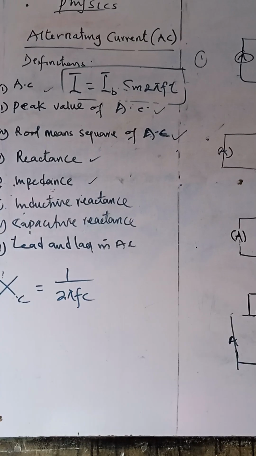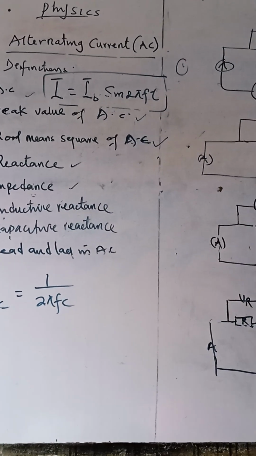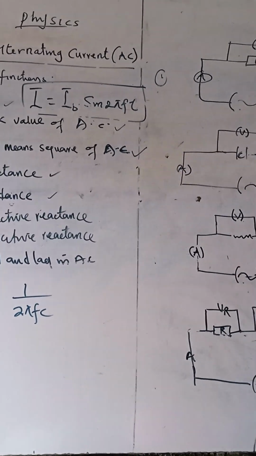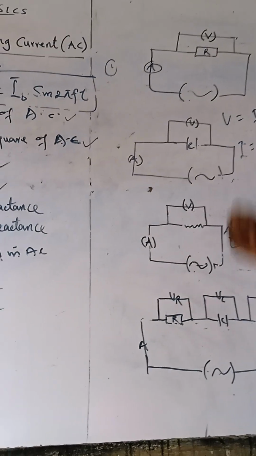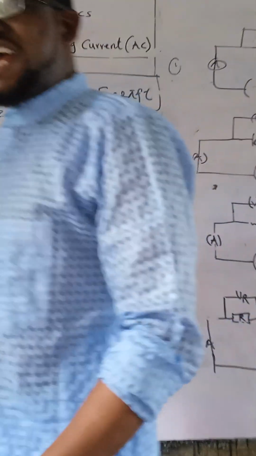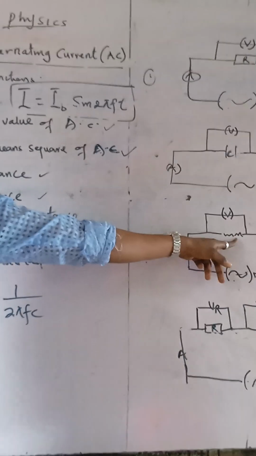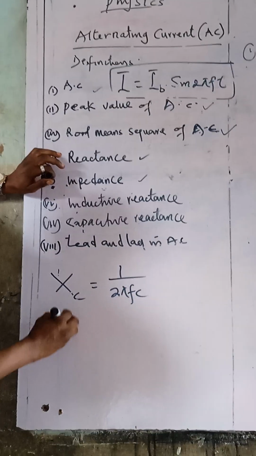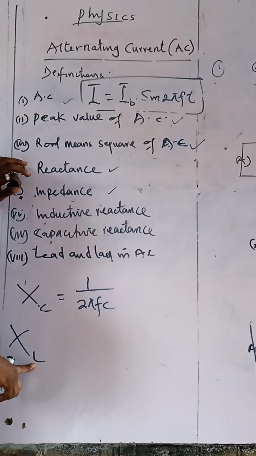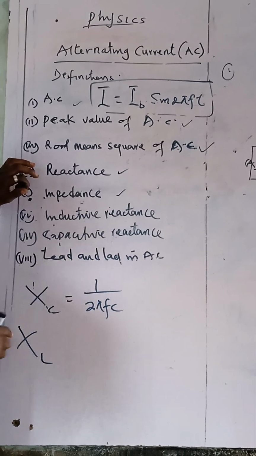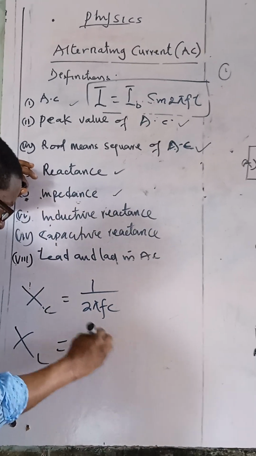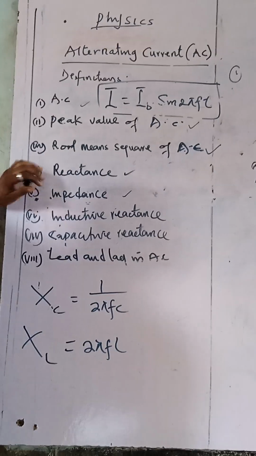Inductive reactance is defined as the regulation offered to an AC circuit by only the inductor. Now mathematically I can have inductive reactance, L for inductance, X for reactance, equals 2 pi FL. We continue from the next slide.